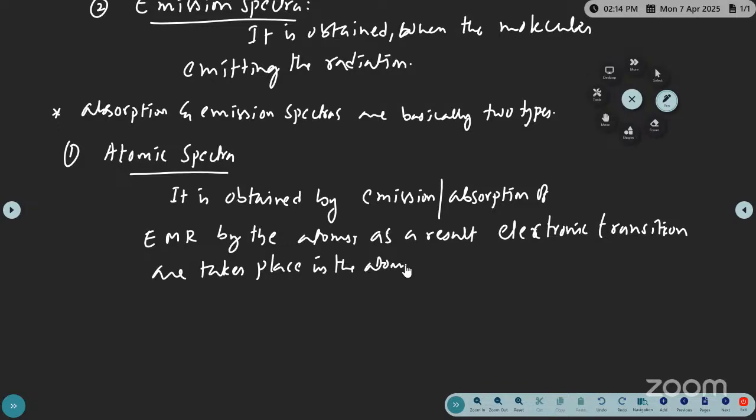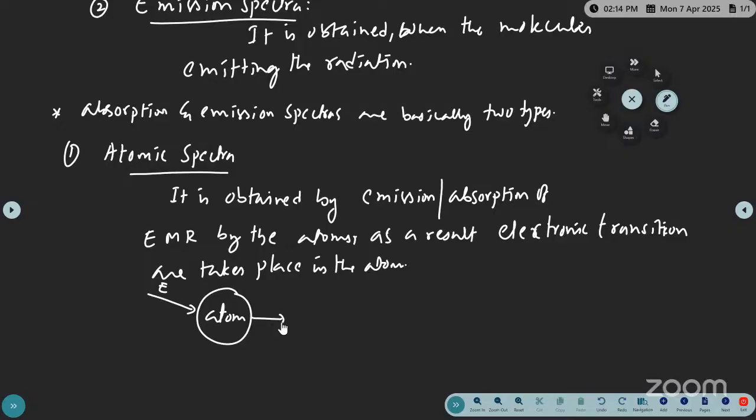So in the atomic spectra, atoms absorb or emit the radiation, and by that, electronic transitions take place in that atom. What are electronic transitions? See, this is the atom. When the atom absorbs or emits radiation, what particles are present in the atom?